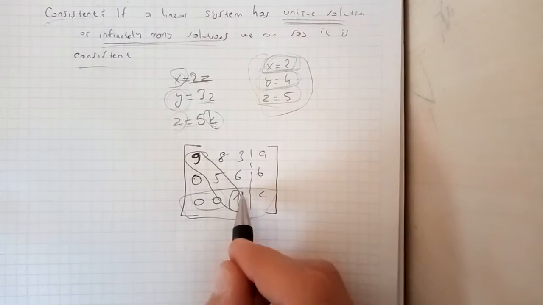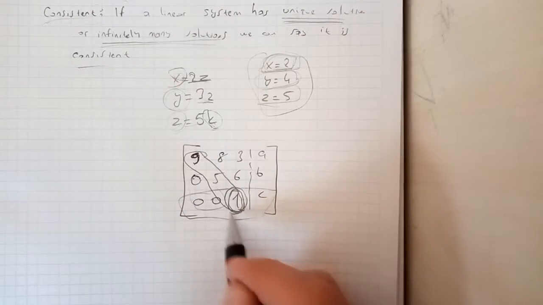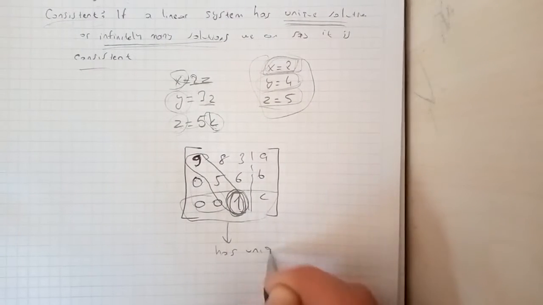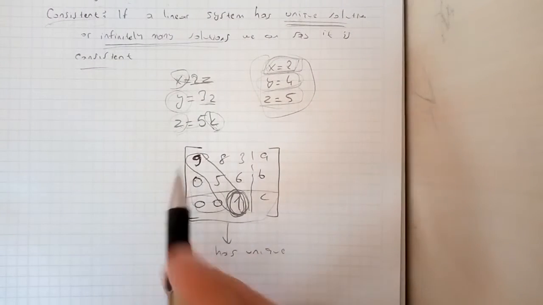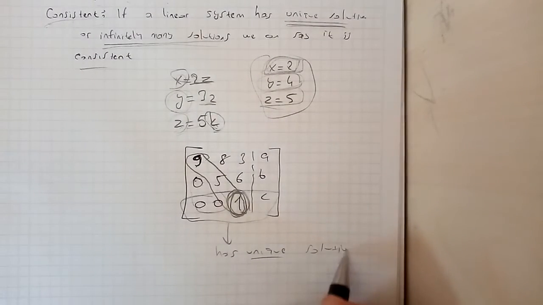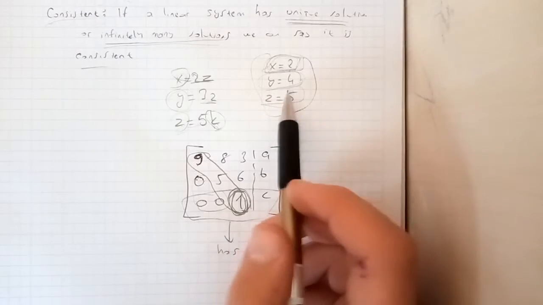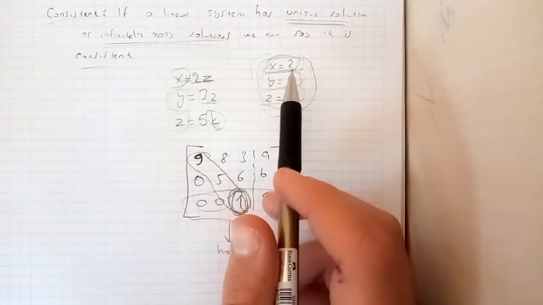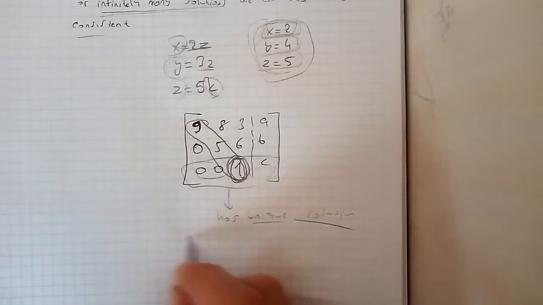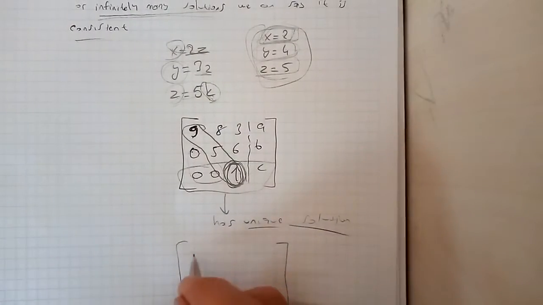If you have a number which is not 0 here, you can say this linear system has a unique solution. After you solve this upper triangular matrix, you will find a unique solution. As I wrote here, you will find numbers and they are constants. You can't change them.